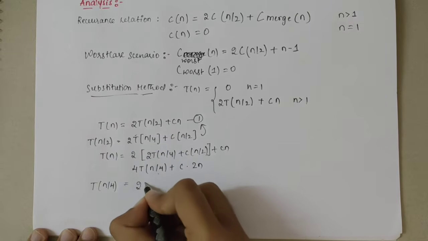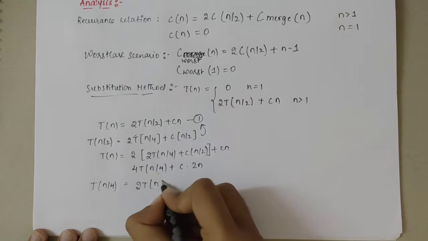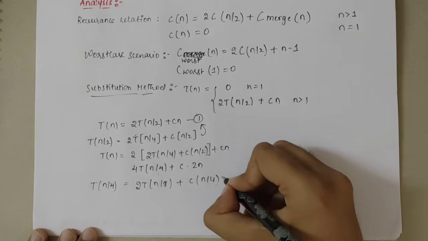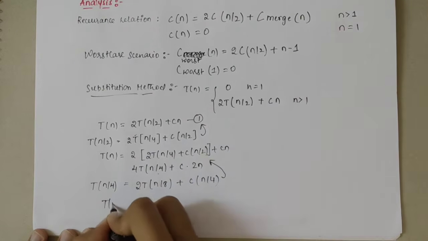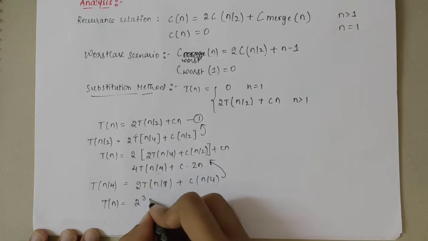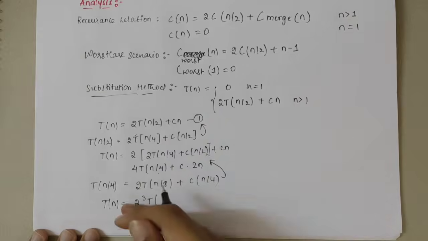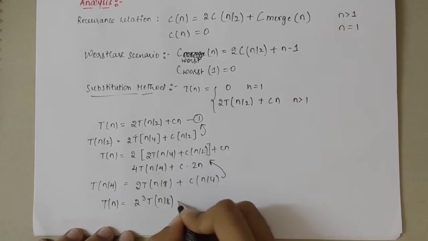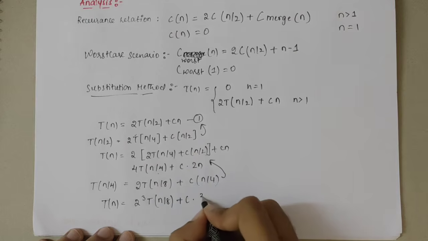It will be 2T of n by 8 plus C into n by 4. This I'll substitute here. So I would get T of n as 2 cube T of n by 8 plus C into 3n.